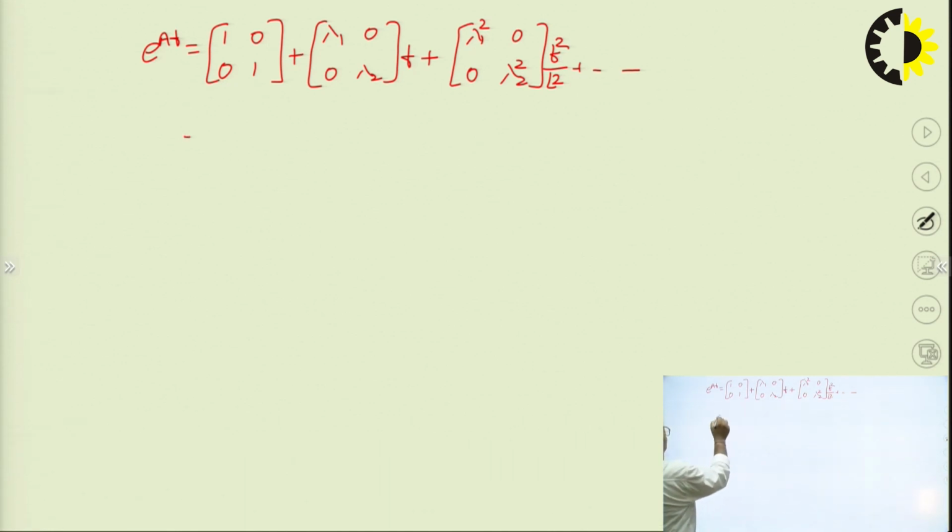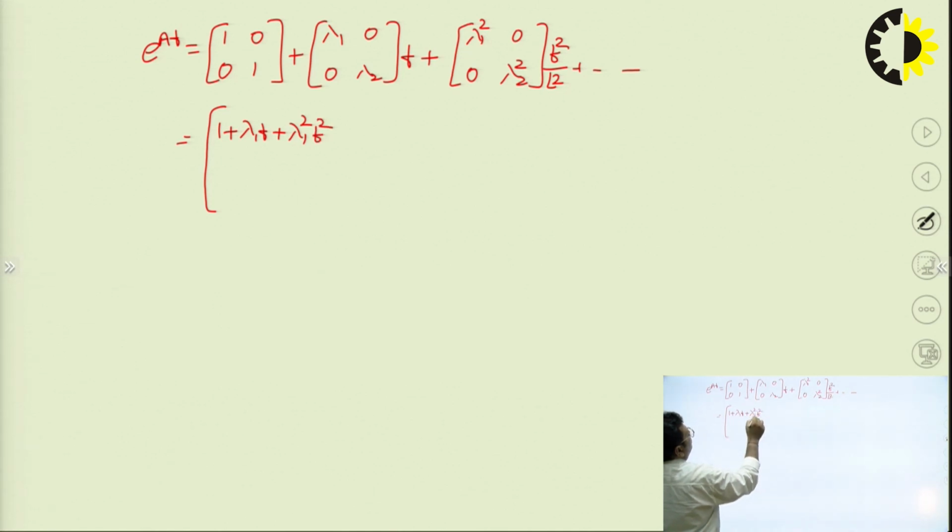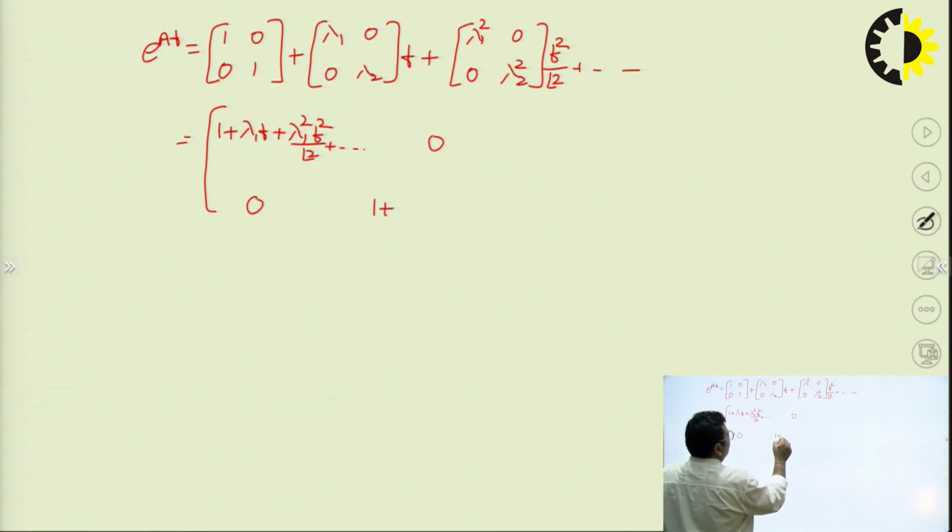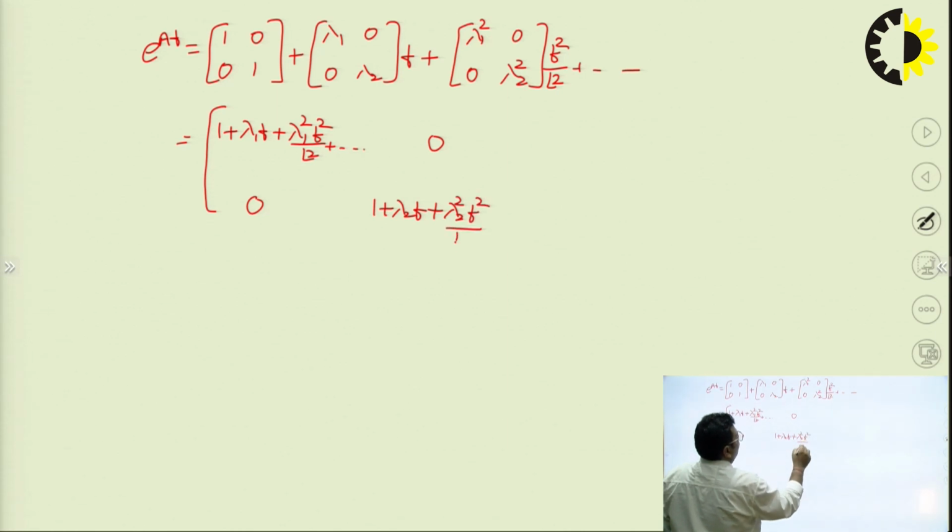If I solve this, I can write the first element as 1 plus lambda 1 t plus lambda 1 squared t squared by factorial 2 and so on. The second element will be 0, the third element will be 0, and the fourth element will be 1 plus lambda 2 t plus lambda 2 squared t squared by factorial 2 and so on.